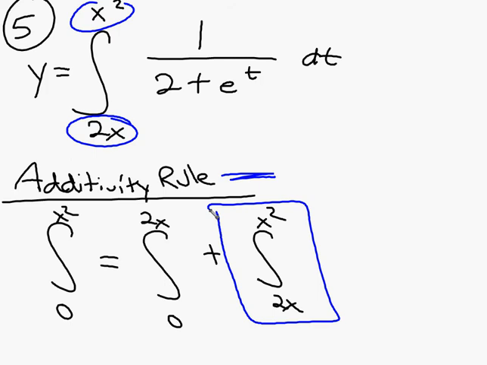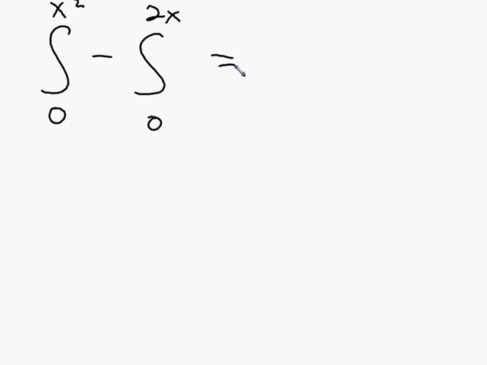I'm going to subtract from both sides the integral from 0 to 2x, so it will go away on this side. And what I'm going to have is a new expression: the integral from 0 to x squared minus the integral from 0 to 2x is equal to the integral from 2x to x squared.